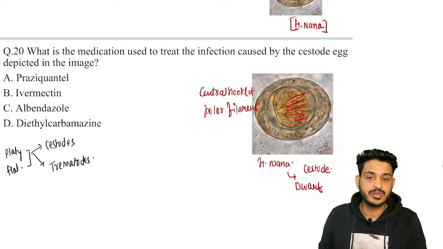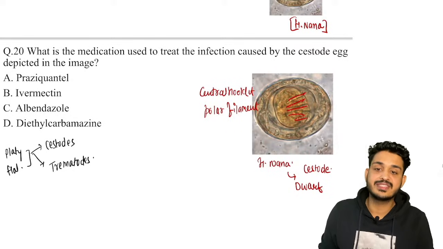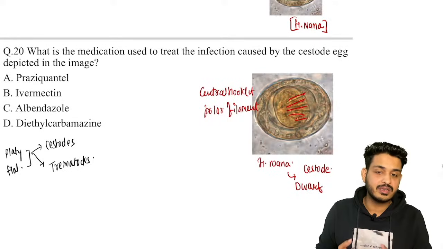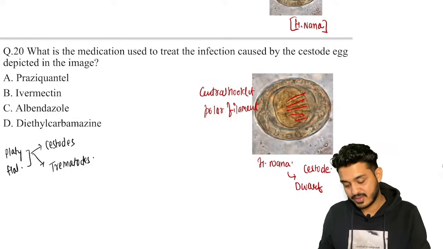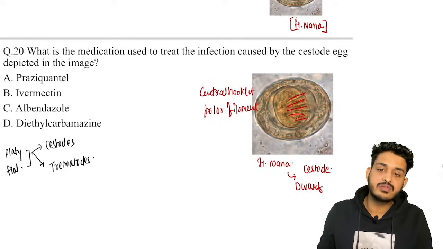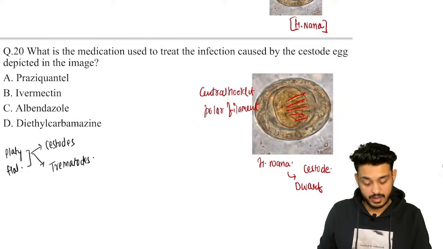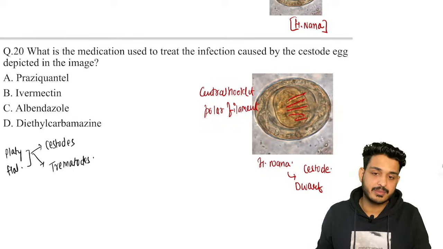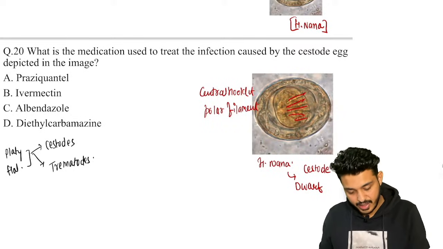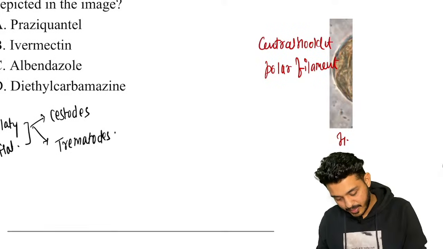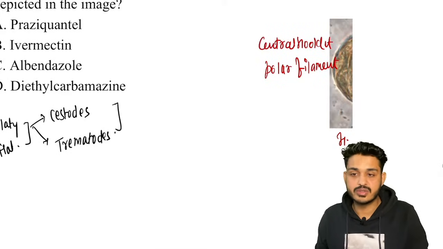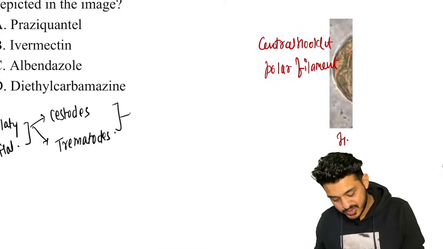The first one is the Schistosoma family. After that, we have learned about Clonorchis, the liver fluke. We have learned about Paragonimus westermani, which is the lung fluke, right? And these are the trematodes. So for all the cestodes and for all the trematodes, the drug of choice is going to be what?